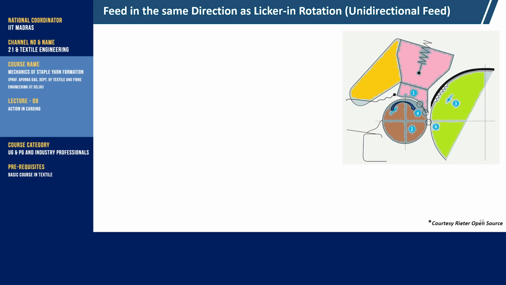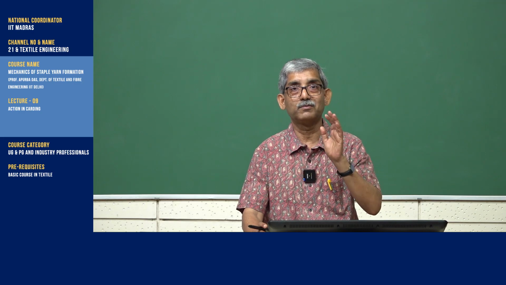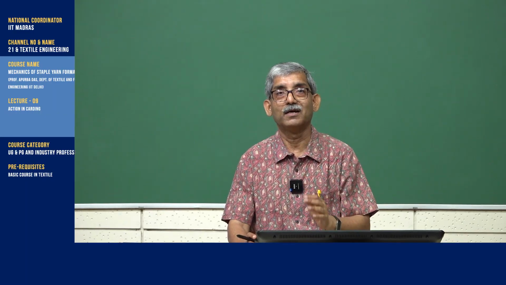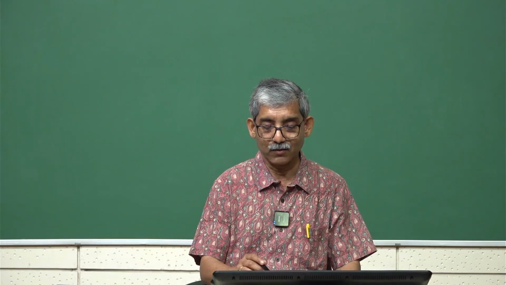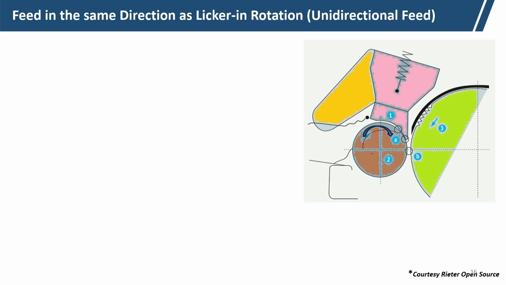Now, feed in the same direction as the licker-in rotation, that is unidirectional feed. This is one development which gives a smooth action at the licker-in, so fiber breakage is less. Here you can see the feed roller, but the feed plate is not placed at the bottom.